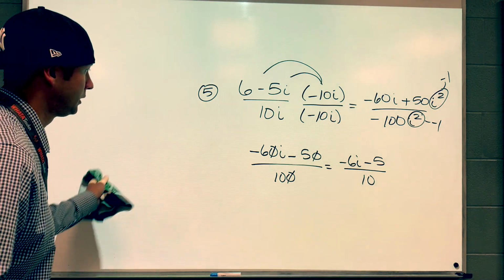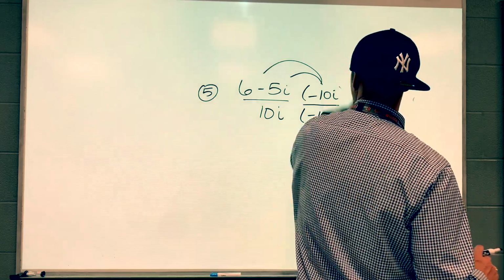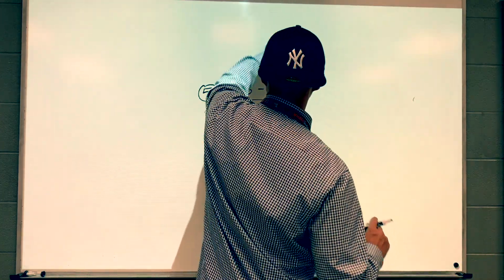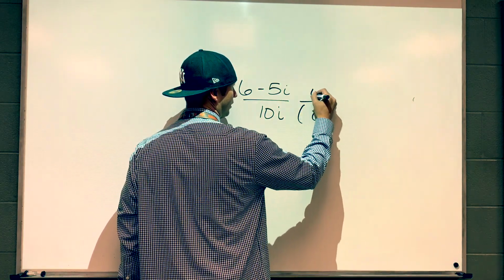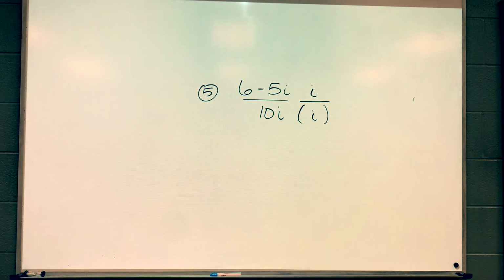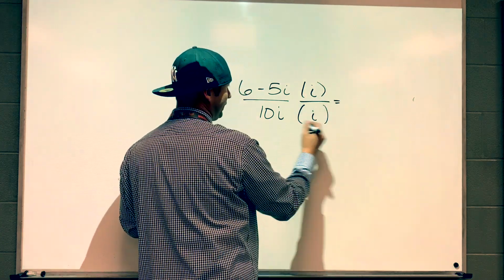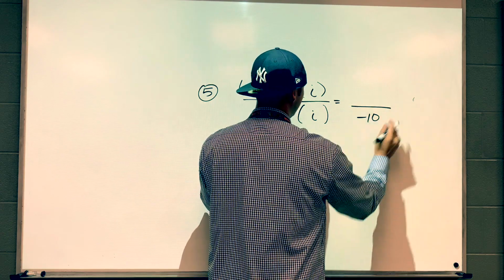So I wonder here, if we just multiplied by I, right, if we just multiplied by I, this would be I squared, which is -1, so -10.